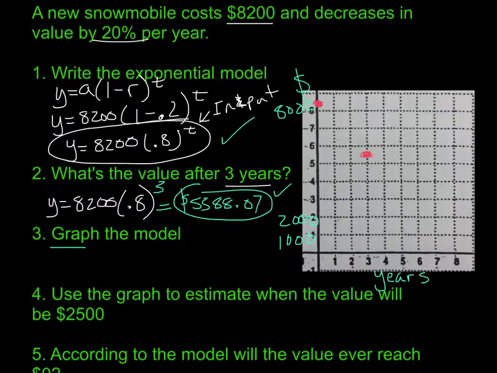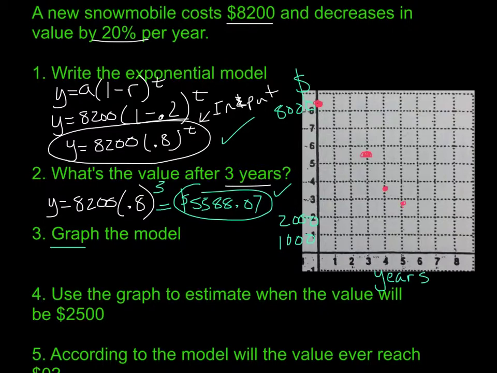And let me get a couple more here. At 4 years it is about $3,300, so that's right here. And at 5 years, it's 2,600, so that's about here.